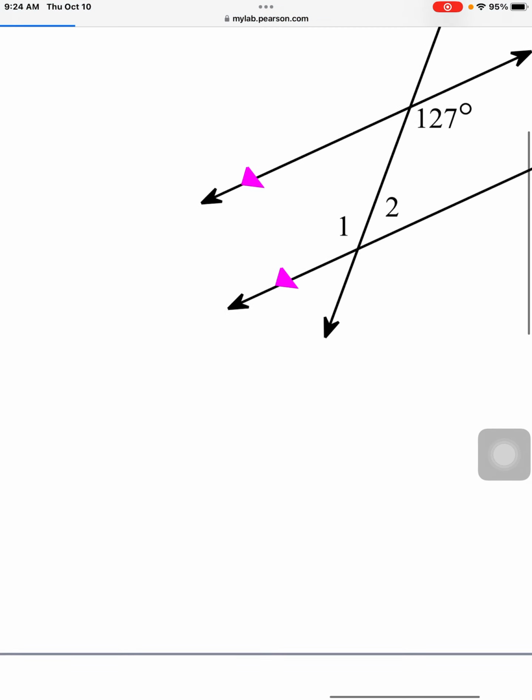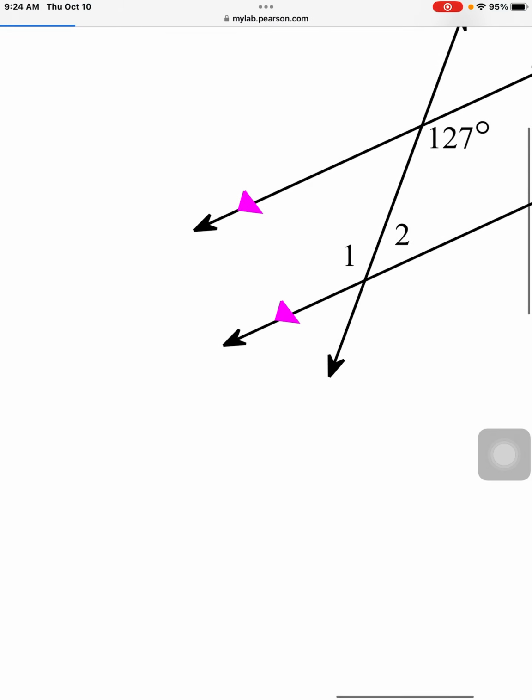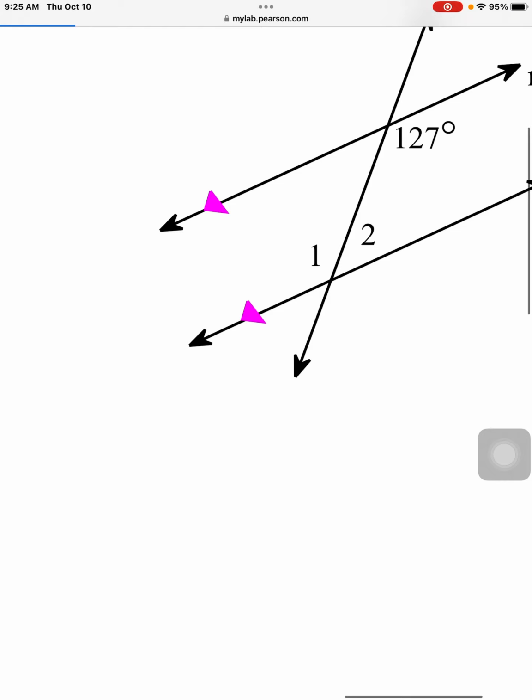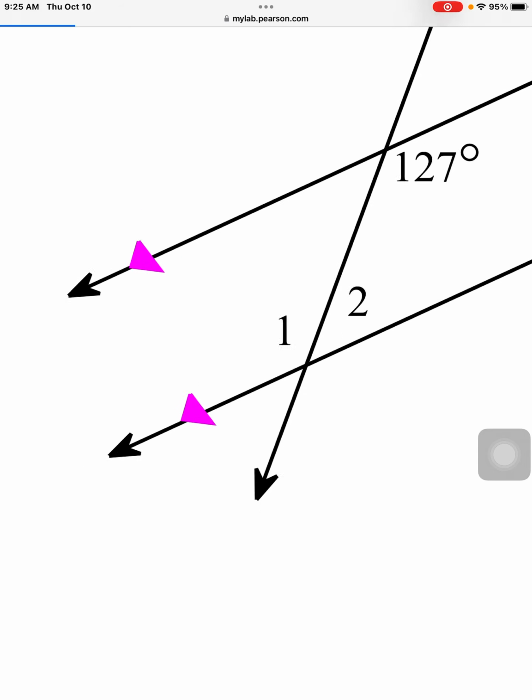Now there's two ways that I could do it, right? I could do measure of angle 1 and the linear pair theorem. Because if I have my measure of angle 1, I can find my measure of angle 2 by doing what? The linear pair theorem. The other way I could do it is the angle whose measure is 127 and the same side interior converse, which would tell me that angle 2 is going to be 180 minus 127.